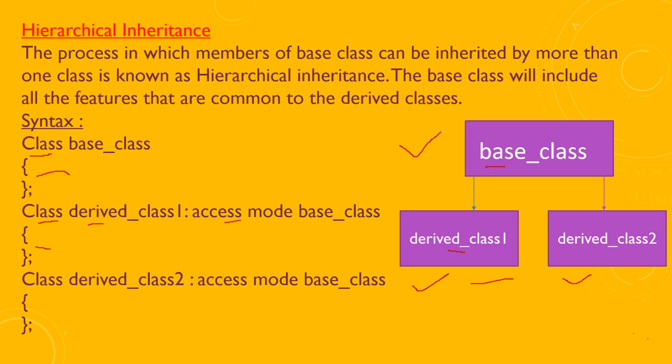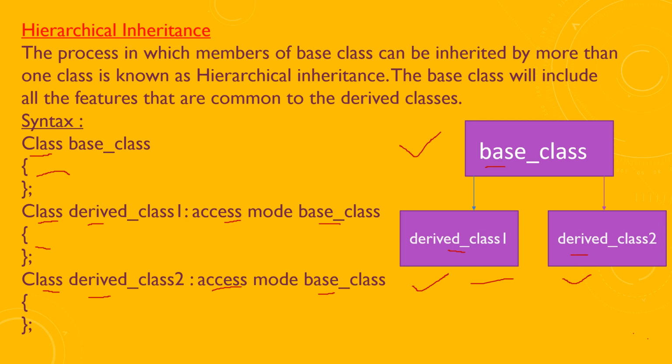And likewise, as we can see in the diagram again, derived class 2 is also inheriting the properties of the base class. So for this also we will write first the keyword class, which will be written as it is, and then whatever name we want to give to the class, derived class 2, and then the colon and access mode, that is our access specifier, and then the base class name. So here the base class in derived class 1 and in derived class 2 is common.